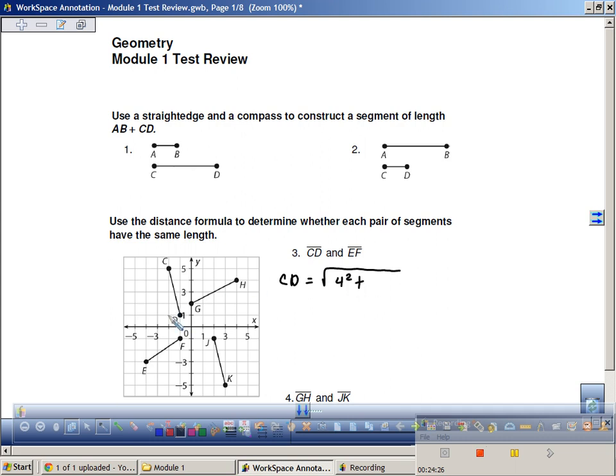And the run squared is 1 squared. So how much is that? Square root of 17. What about EF? Square root. Where's E? 2 squared plus 3 squared. What's 2 squared plus 3 squared? 4 plus 9? 13. Are they the same distance? Nope.